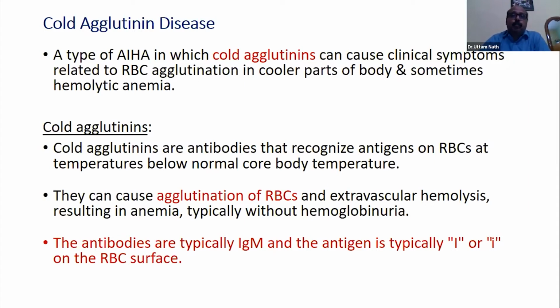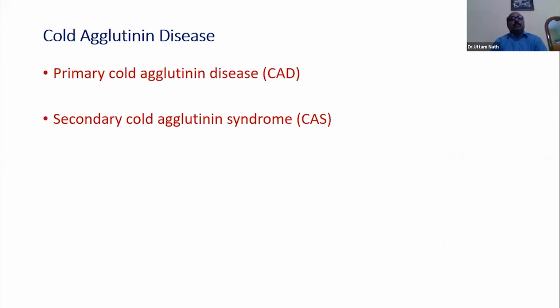When they are exposed to lower ambient temperatures, they bind. Then when they reach the core temperature, they may or may not cause hemolysis. These antibodies are IgM, so they can cause autoagglutination of RBCs. And the target, as I have said, are capital I or small i antigens on the RBC surface.